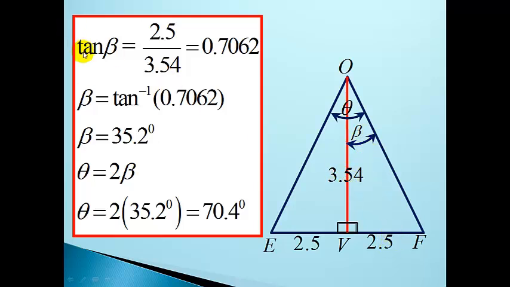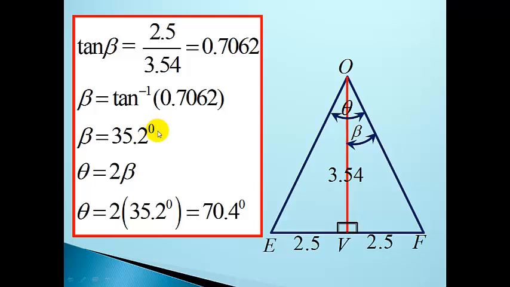So we use the ratio tan. So tan beta is equal to 2.5 divided by 3.54, and this is equal to 0.7062. Now, because we are solving for beta, we have to take the tan inverse of both sides. And when you take the tan inverse of the left hand side, you are left with beta. And taking the tan inverse of the right hand side, we have 35.2 degrees.